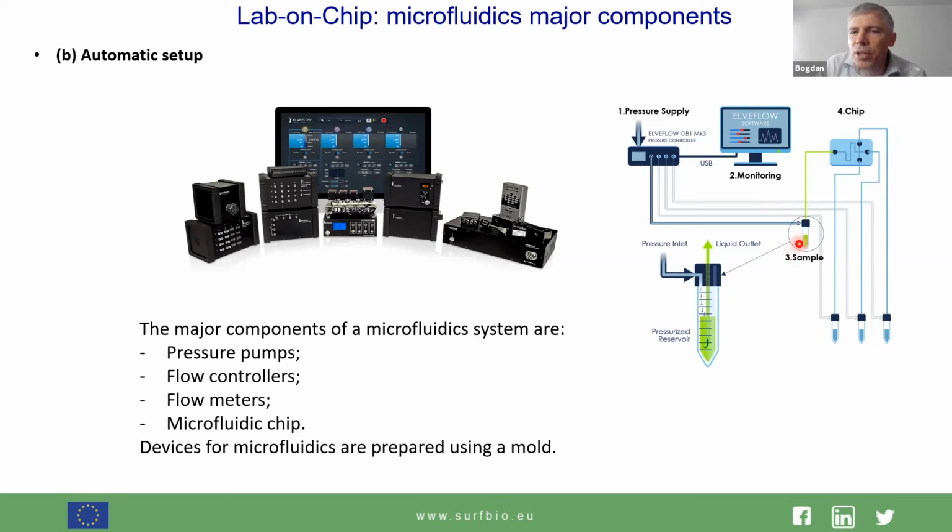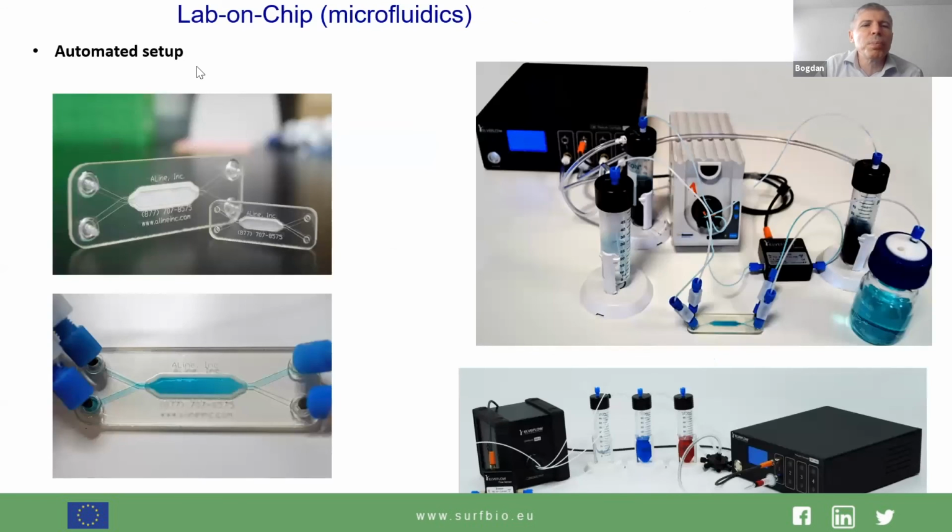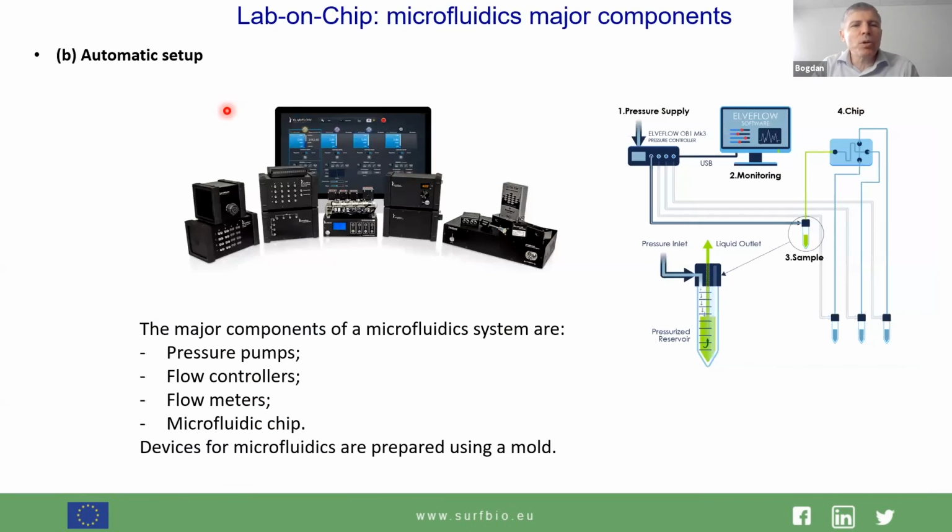We typically take some sample from here, from green, and some admixing takes place in this chip. There are two arms that we can see at this admixing area, and then we finally generate a solution that will be collected in this vial. So the difference between manual and automatic setup is that in place of syringe pumps, we have here an automatic pressure unit.